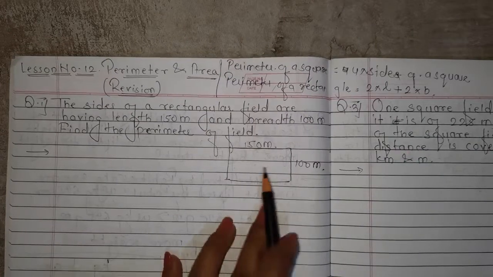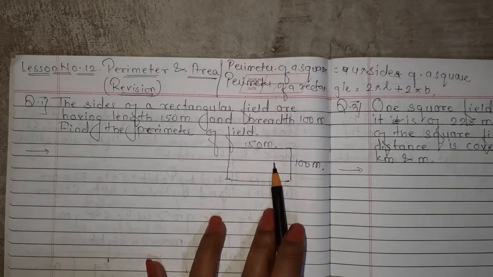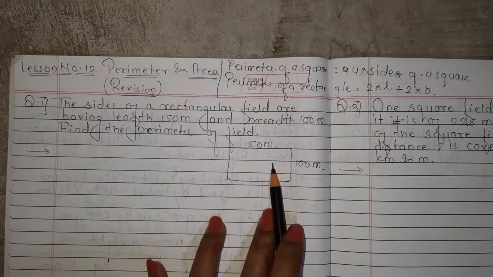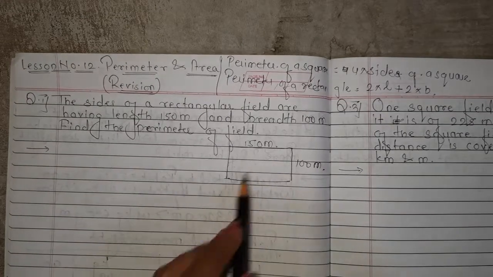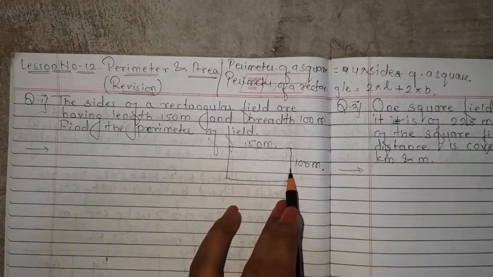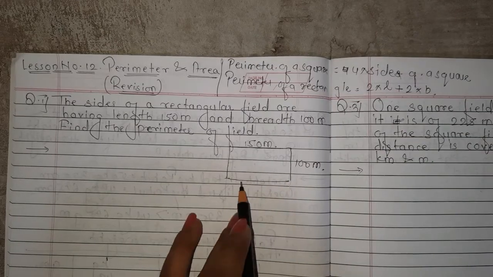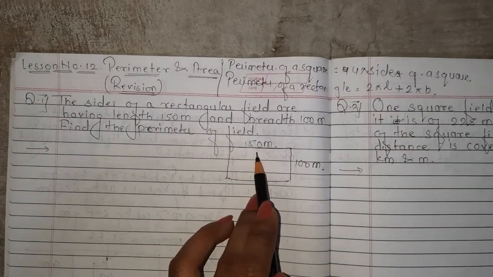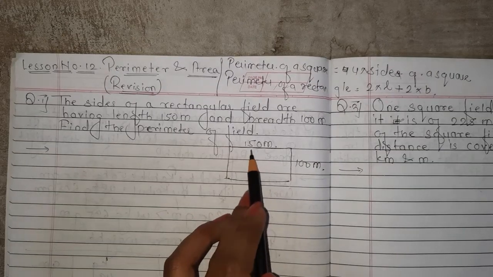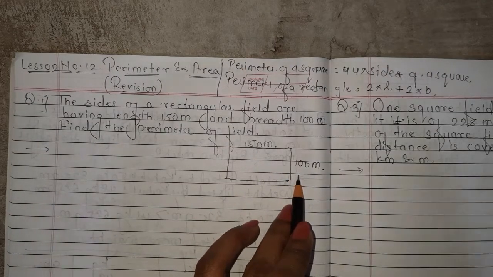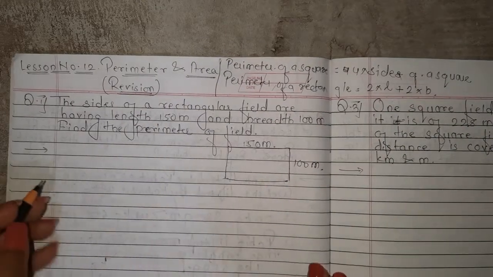We have to find out the perimeter of the rectangular field. In the last lecture only we have revised that perimeter is the measurement of the outer surface of any closed figure. So here the length of the rectangular field is 150 meter and breadth is 100 meters. So we have to find out the perimeter.